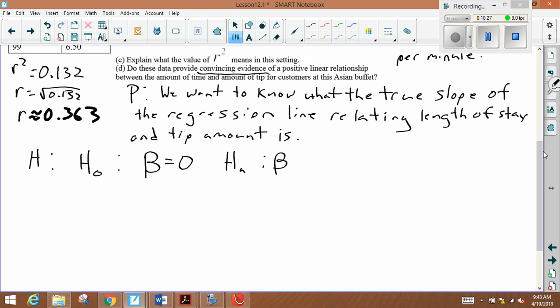We want our slope to be greater than 0. Okay. And it might be nice to add the true slope beta here. Then we've defined our variable.